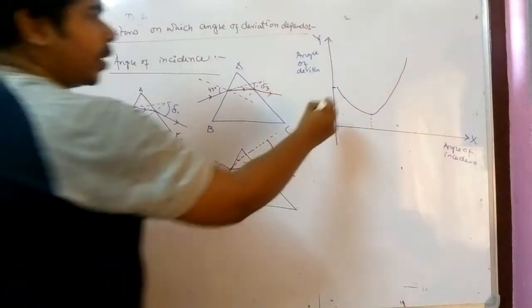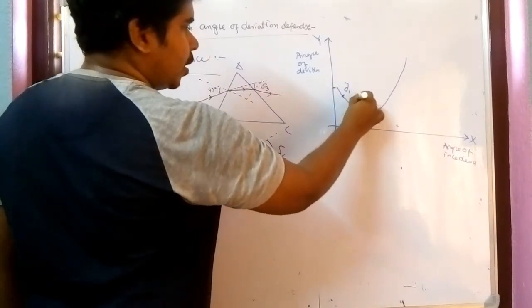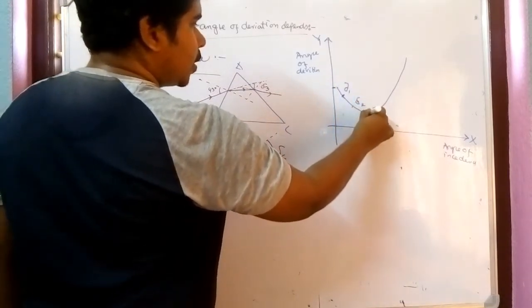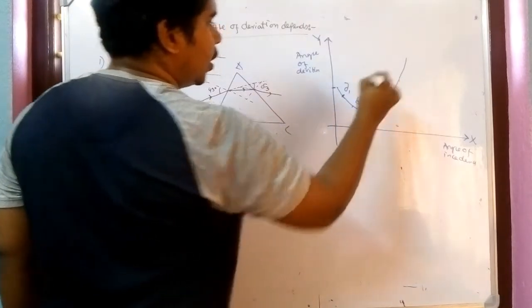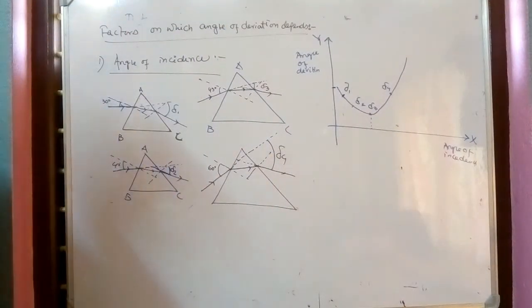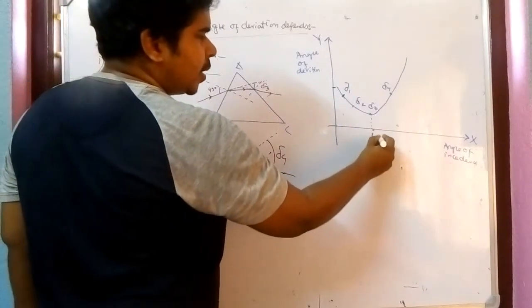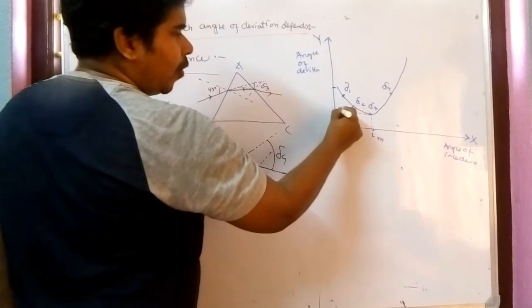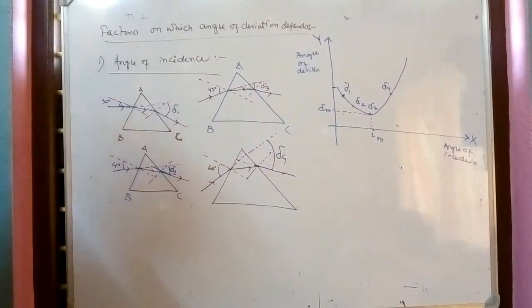So assume this value is delta 1, this is delta 2, this is delta 3, and this one is delta 4. So we can say that at one certain angle of incidence, we have seen a very minimum angle of deviation. The angle of deviation is minimum.